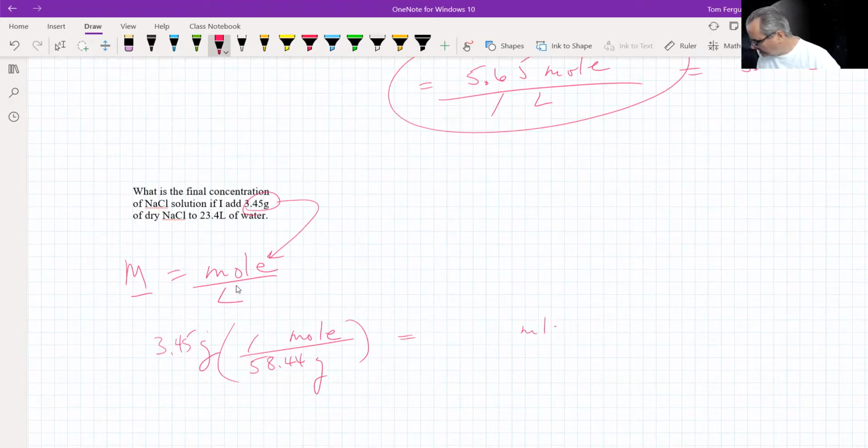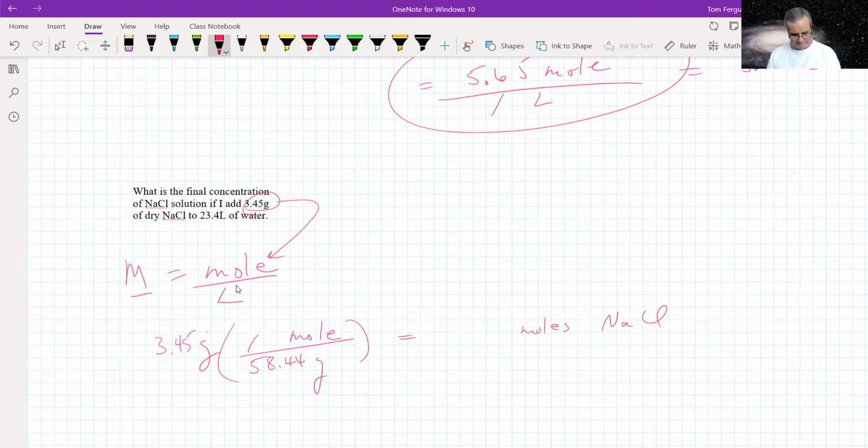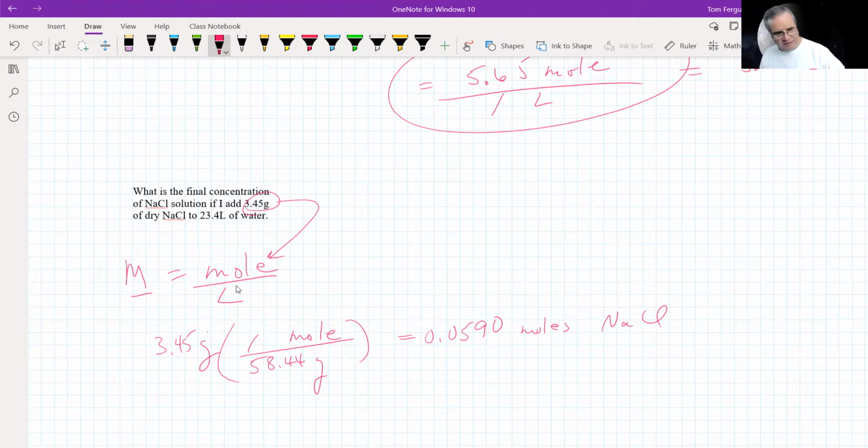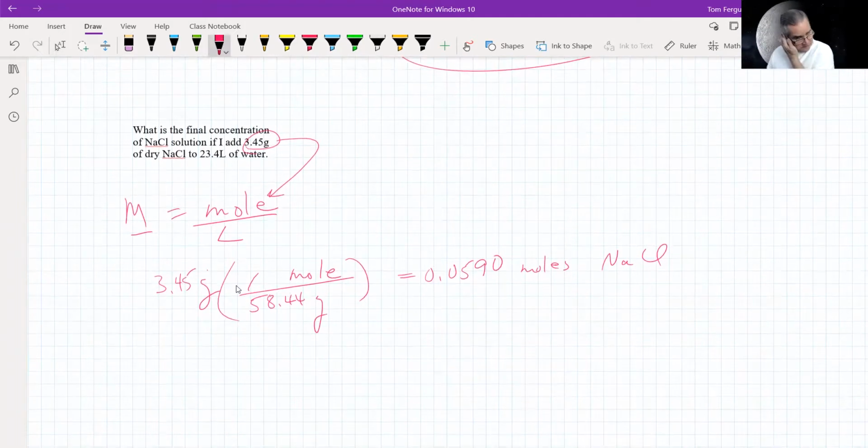This will give us moles of sodium chloride. And that's all going to be in 23.4 liters of water.